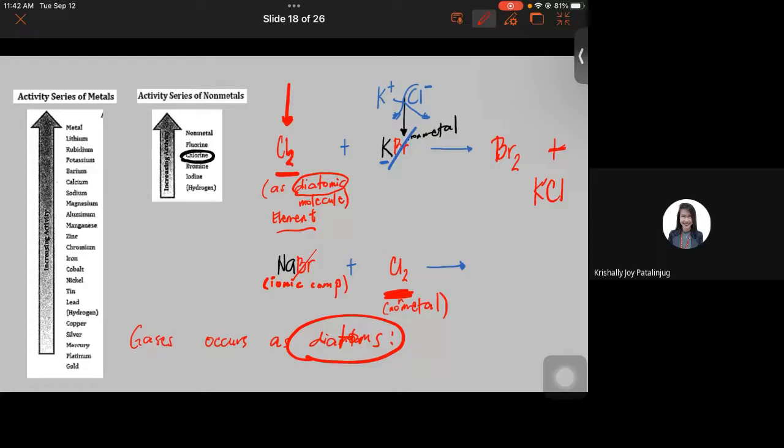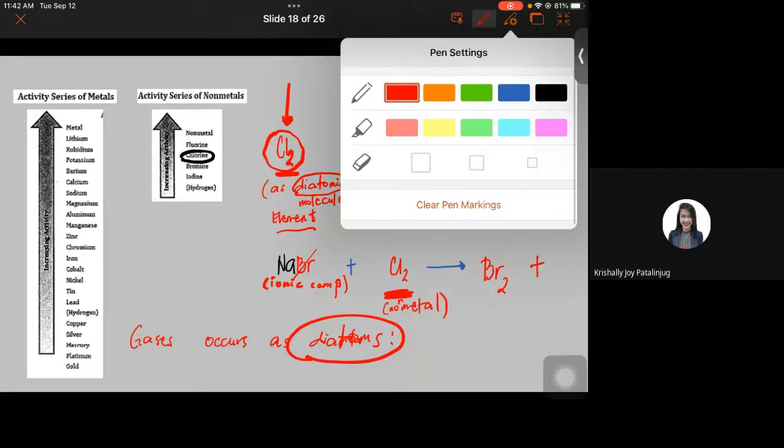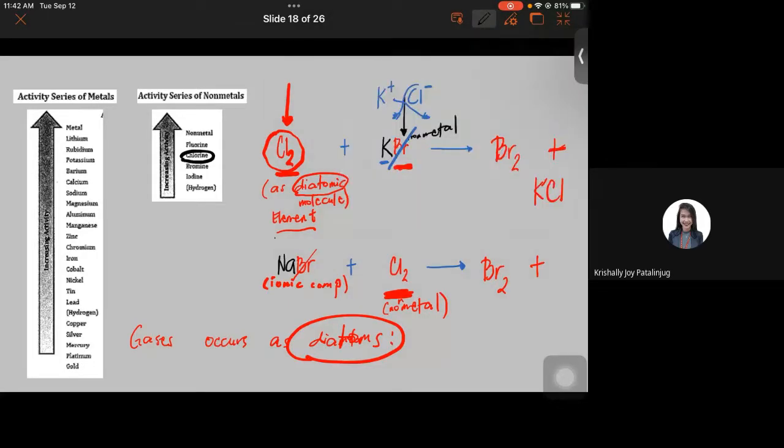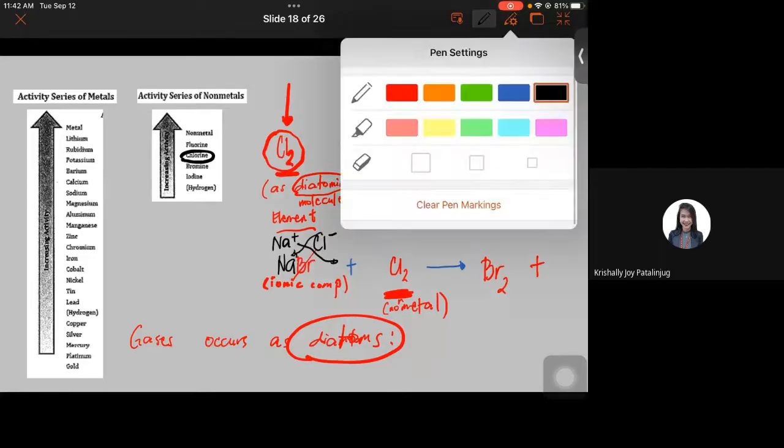Parehas lang naman yung example dito, chlorine versus bromine. So chlorine can displace bromine. So bromine now is the single element plus the other product is, try natin ha, Na plus, yung sodium ion is Na plus, and then chlorine ion is chloride. Crisscross method, the other product is sodium chloride.